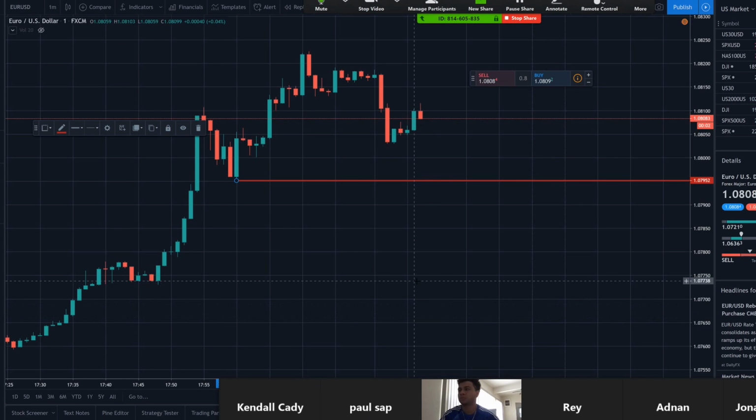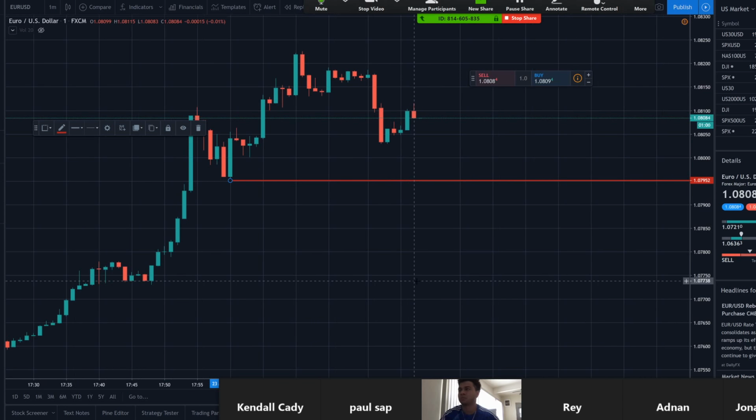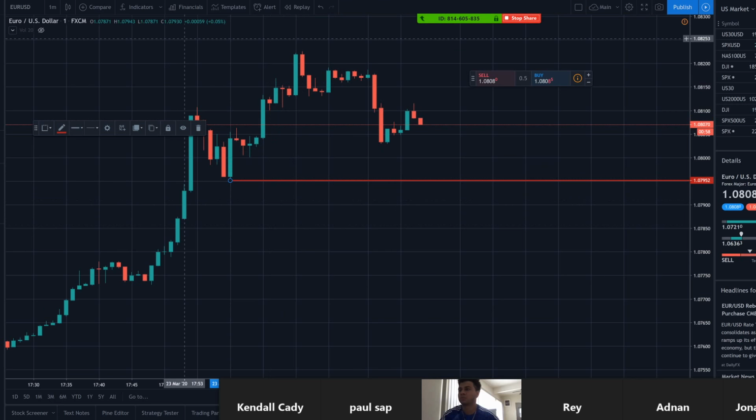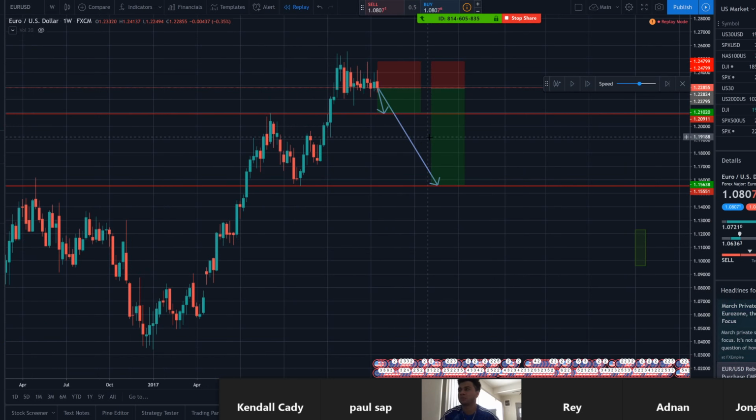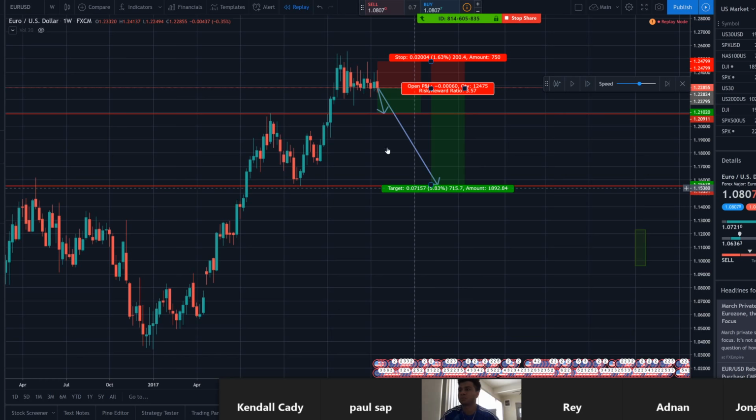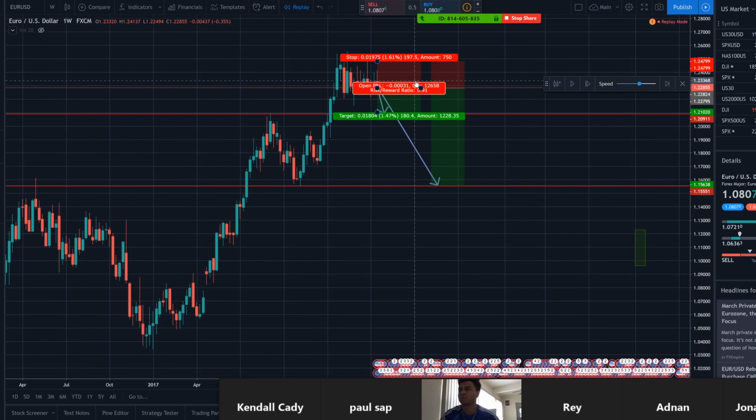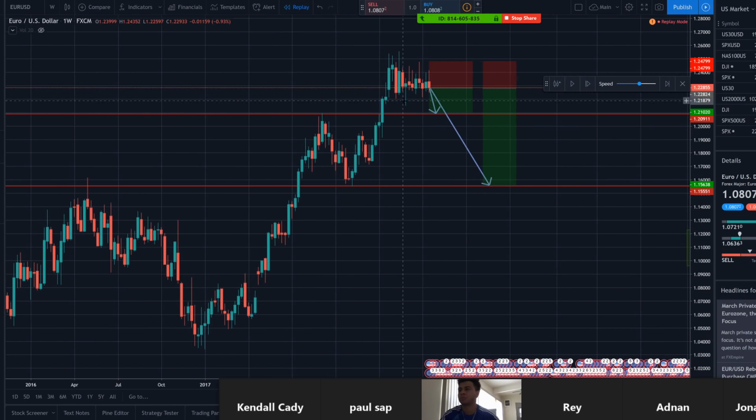Now that we know support and resistance, it's very similar to PRPs. Let me go back to our old example that we were looking at earlier before we got a little sidetracked. Basically, like we were saying before, there's a PRP here and a PRP here. Generally, you want the reverse of whichever one you're coming to next.